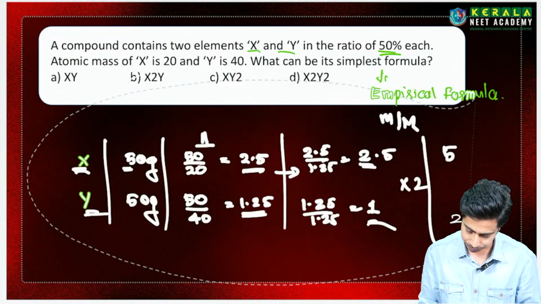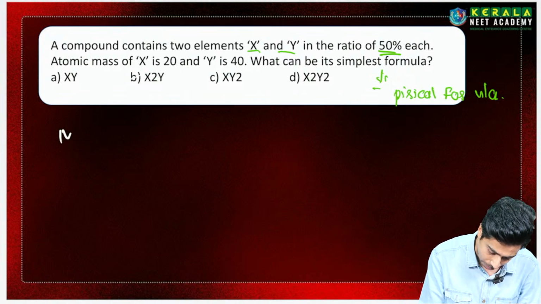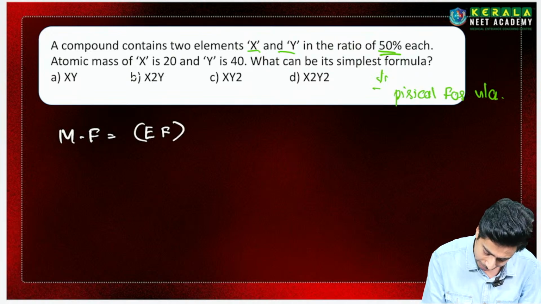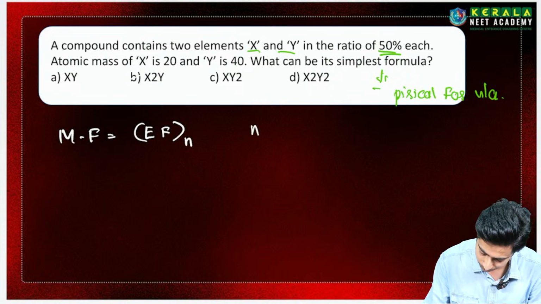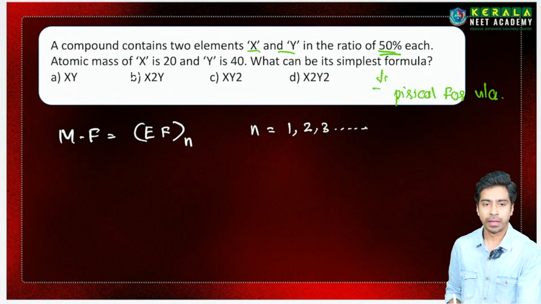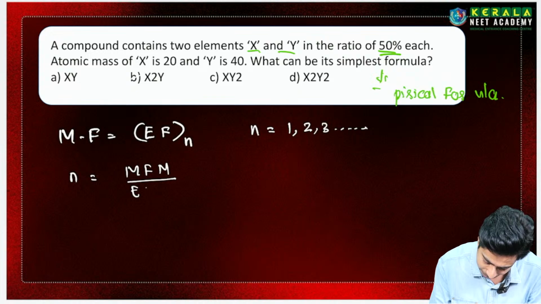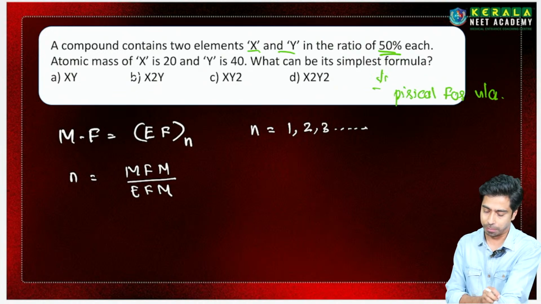Now listen here. Molecular formula is equal to empirical formula into n times, where n is equal to 1, 2, 3, 4, etc. Then n is equal to molecular formula mass divided by empirical formula mass.